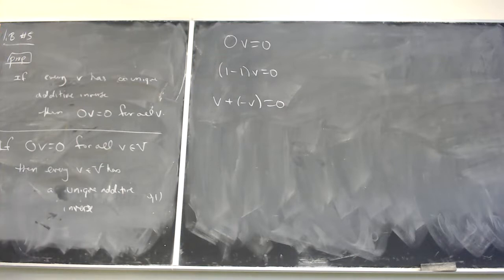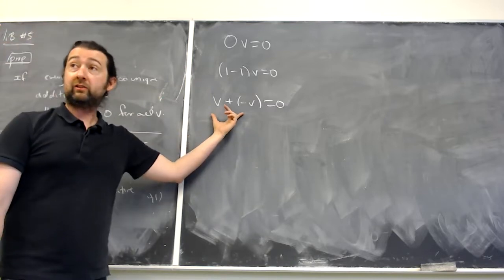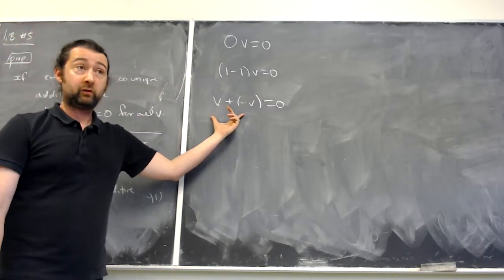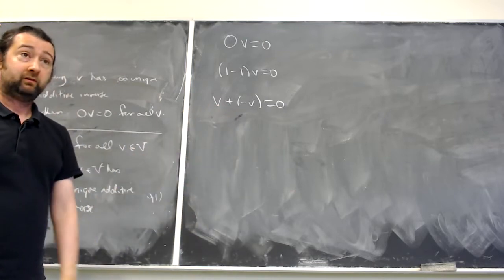So the uniqueness comes from the fact that there's a unique 0 vector. That's how you're going to get the uniqueness of the additive inverse. But this is the basic idea here, right? Notice in a lot of ways, this is literally the reverse of the argument that the book made in the forward direction. It's the same equations, even just in the opposite order.